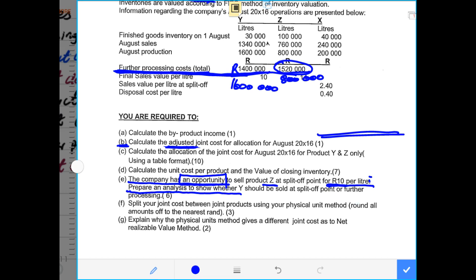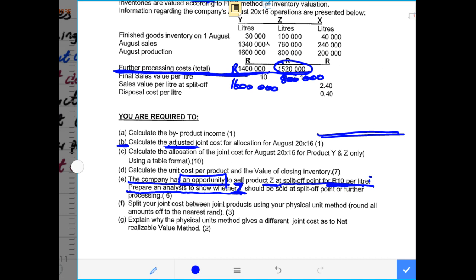Here there is a mistake, because they gave us the split off selling price for product Z, but they say show whether product Y, so this must be Z because we are doing Z, not Y. I will decide to change this. We cannot be given the selling price at split off of product Z and be asked about Y. So now this is for product Z.